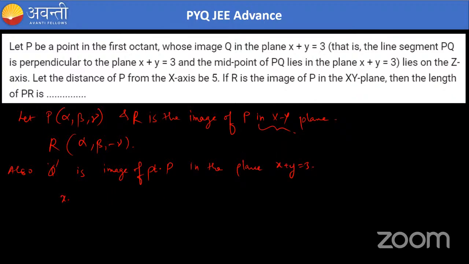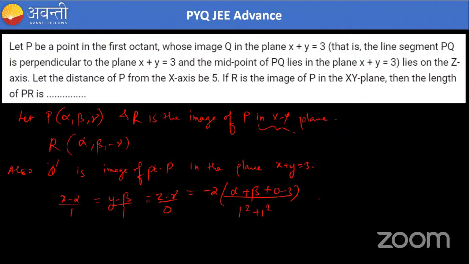So x minus alpha upon 1 equals y minus beta upon 1 equals z minus gamma upon 0, which will be equal to minus, since it is an image, we know the formula, minus 2 times alpha plus beta plus 0 minus 3 upon 1 square plus 1 square, right? So this will get cancelled. This will become minus 1. So minus 1 into alpha plus beta minus 3, right?